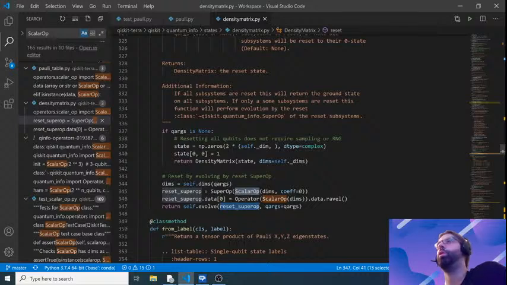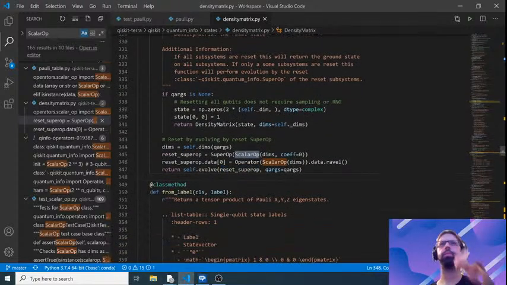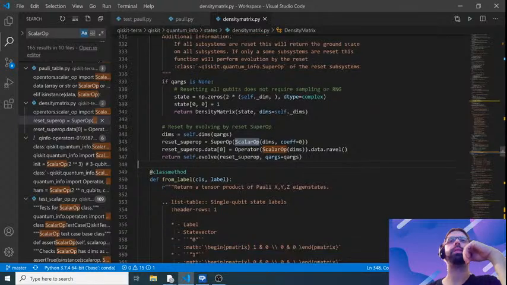Okay, so the super operator is just an operator. Maybe the form that the super operator takes is the one that is useful to evolve a density matrix, for example. Maybe that's it. Yeah, maybe that's it. I don't know.